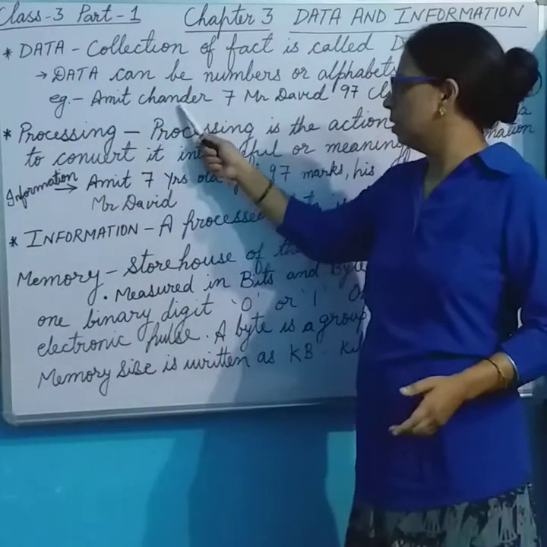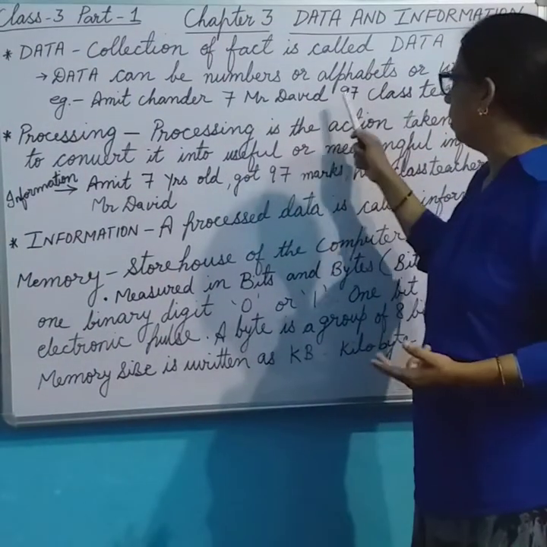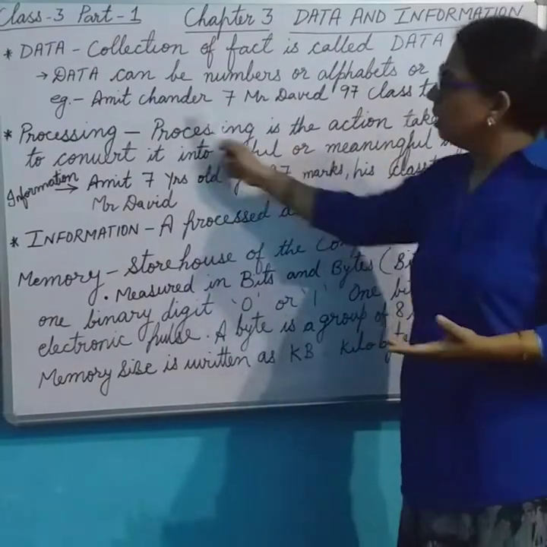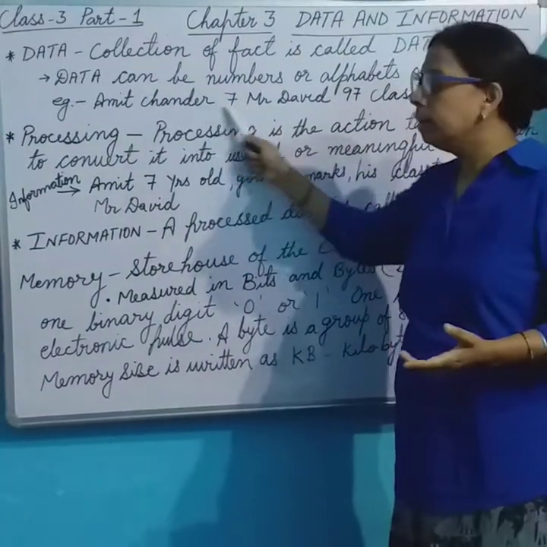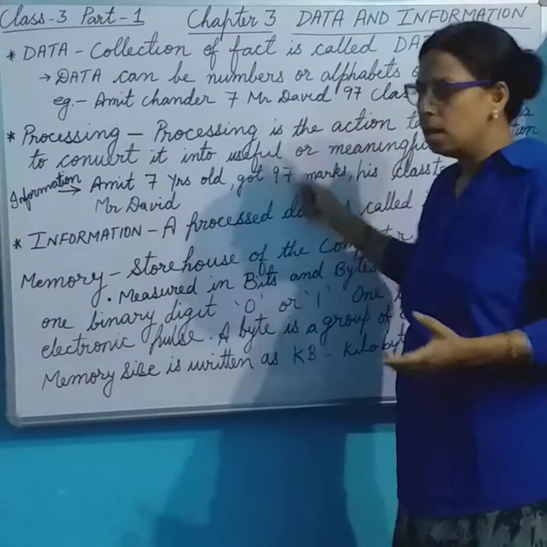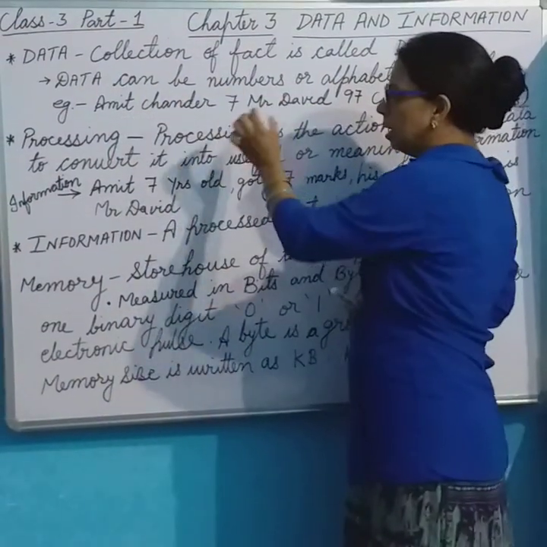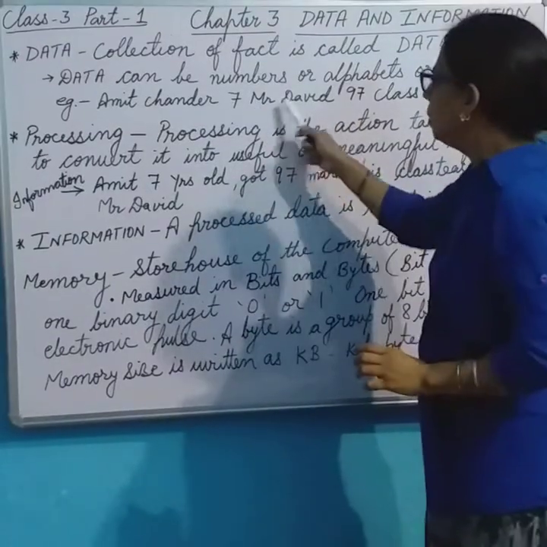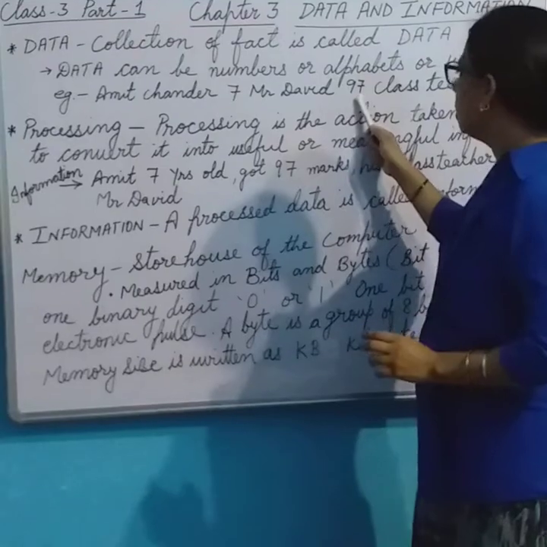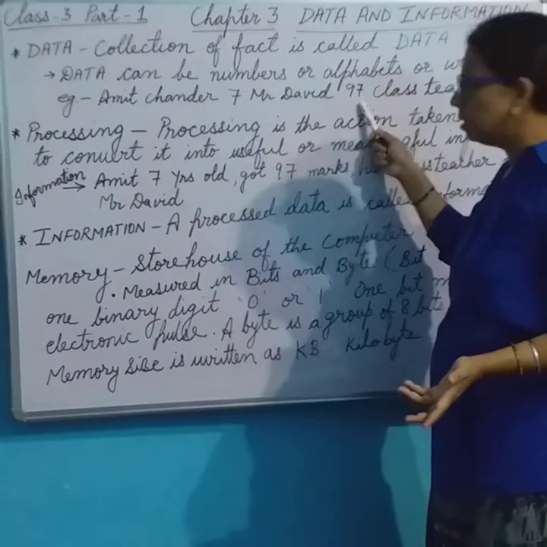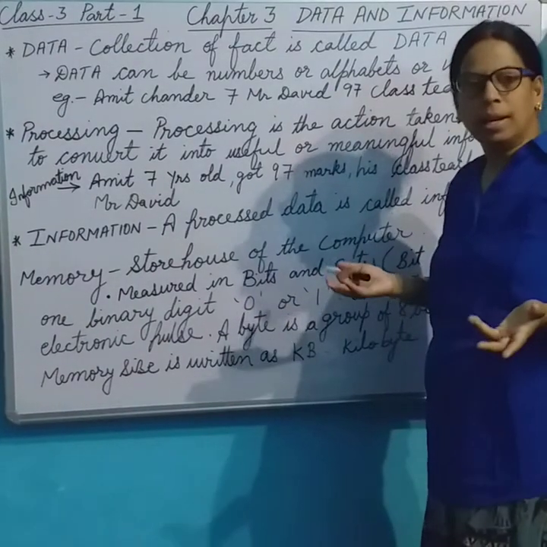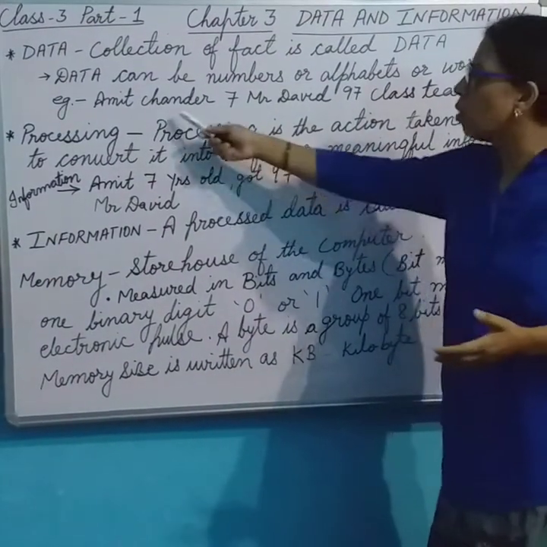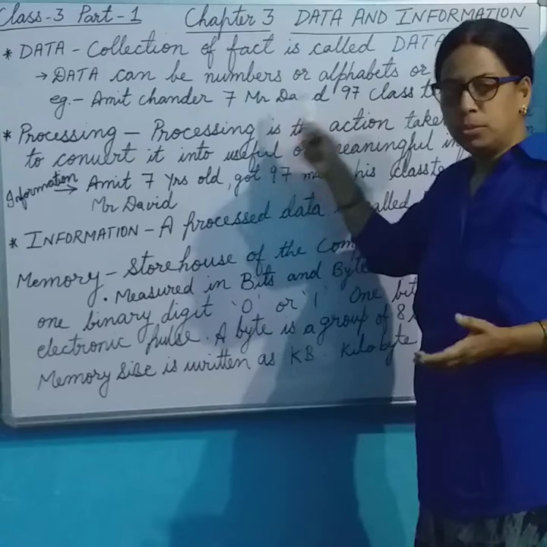No. This is the raw data. This is the raw fact. It is collected. Amit Chandar is a name, 7 is a number, Mr. David again is a name, 97 is a number, and class teacher is a word. So nothing is very clear about what this is. This is a raw fact. That means it is data.